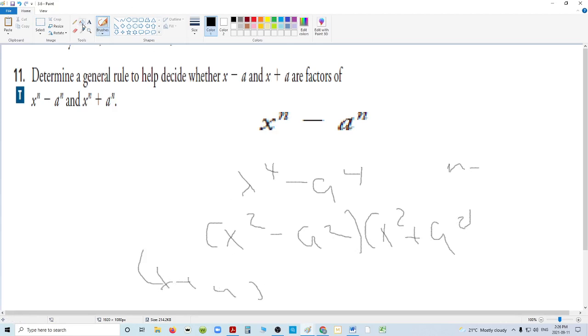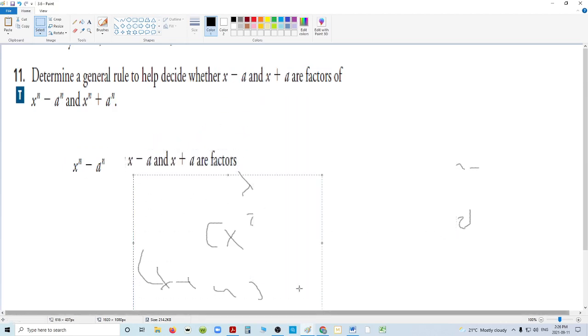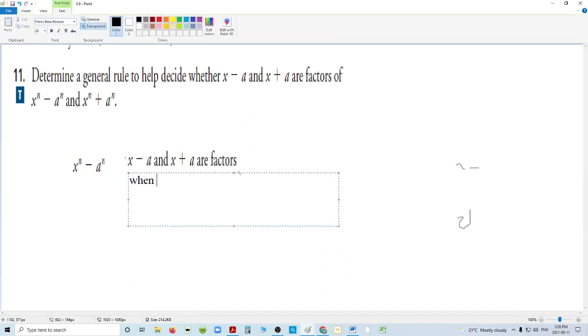So I will reach the conclusion for this. Here's my general rule for this one. I'm going to suggest that x minus a and x plus a are factors when n is even.